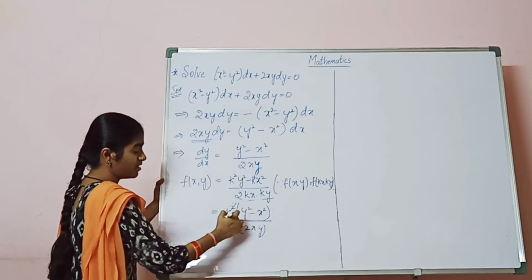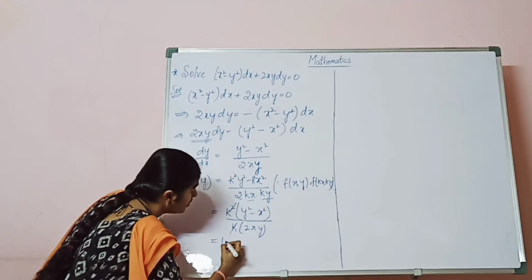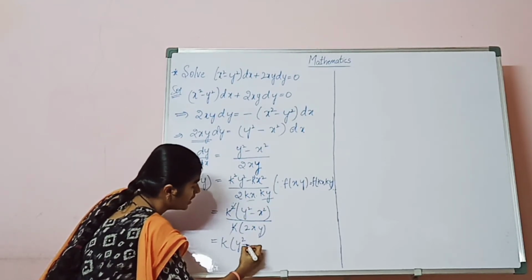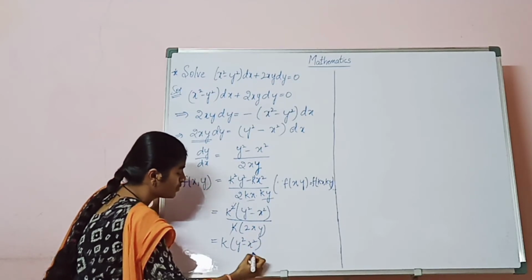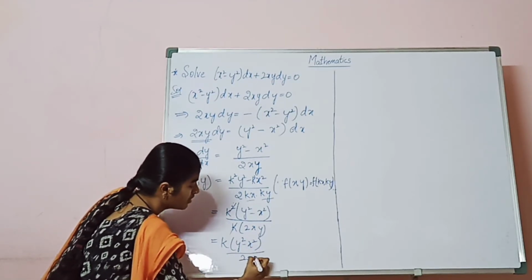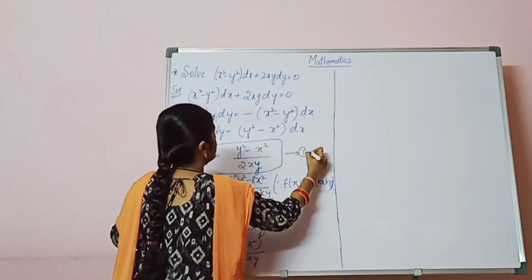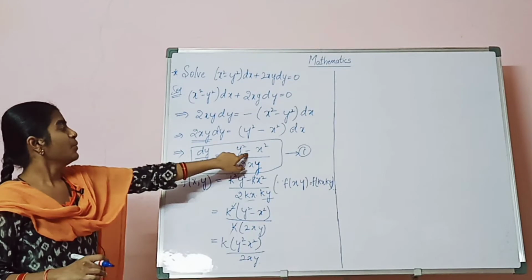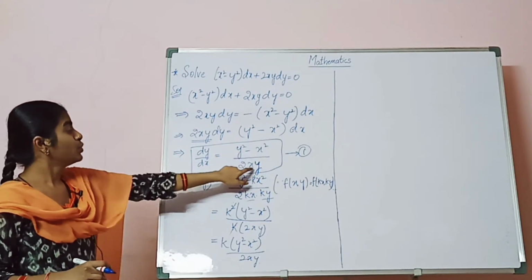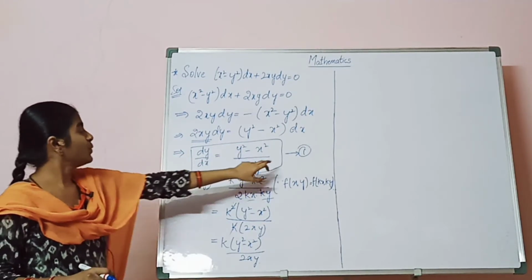So k square, k will be cancelled. What is remaining here? k into y square minus x square by 2xy. This we should consider as equation 1. So dy by dx equals y square minus x square by 2xy, we should consider as equation 1.